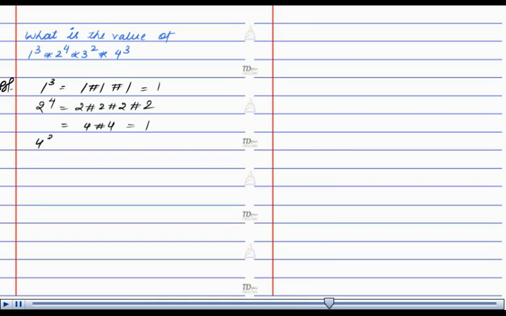Next, 4 cube can be written as 4 hash 4 hash 4, that is 1 hash 4, which again comes out to be 4. So, the expression actually becomes 1 star 2 star 1 star 4, that is 2 star 4 star 4, which comes out to be 1 star 4, that is 0. This is the required solution.